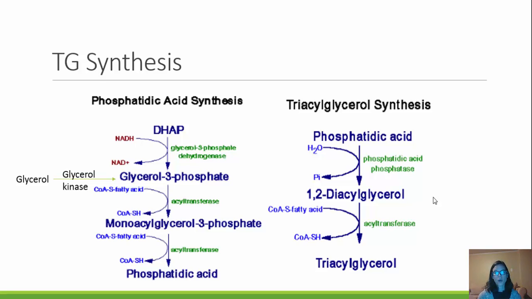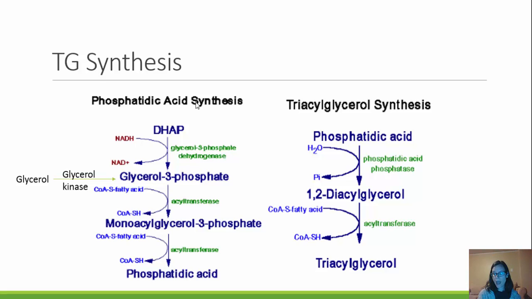Okay, so this figure is showing the steps for triglyceride synthesis. Here I just inserted that in other tissues, such as the liver, we have glycerol kinase, which starts us on our pathway for triglyceride synthesis. But we use DHAP from glycolysis in adipose tissue to build our triglycerides.